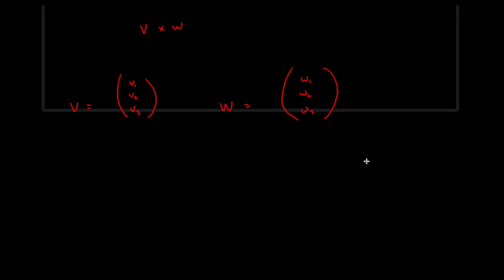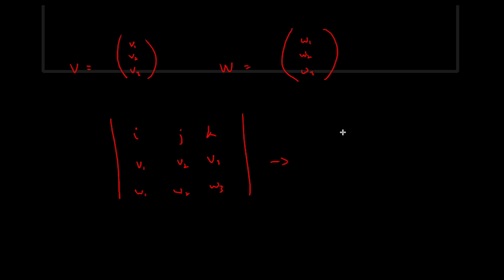I could put this in a 3x3 matrix. I could have i, j, k, and then I put my vectors v1, v2, v3, and w1, w2, w3. So this is how I'll do it.